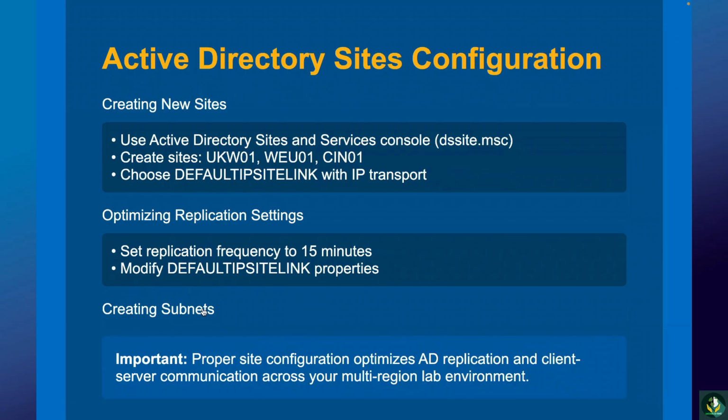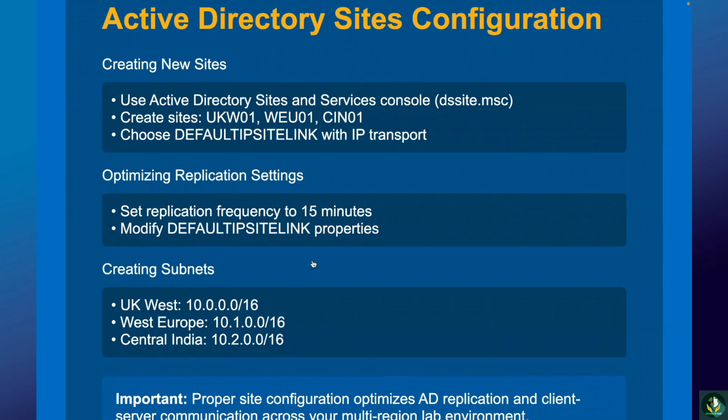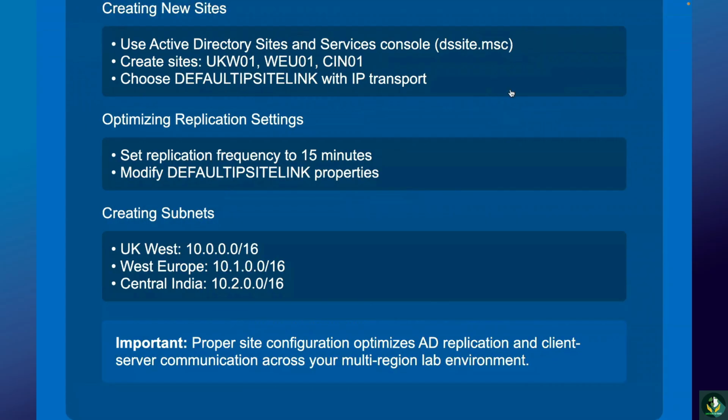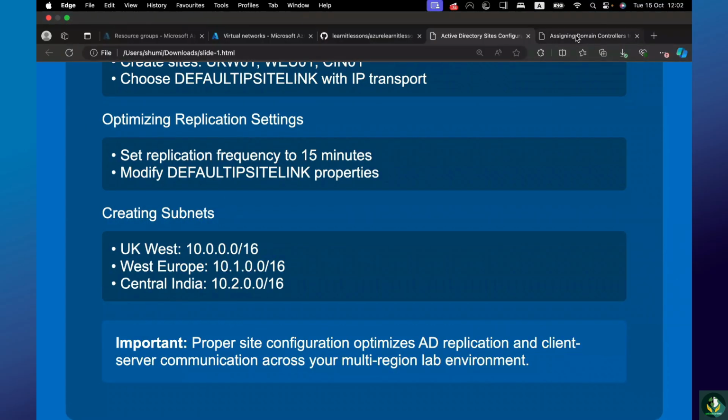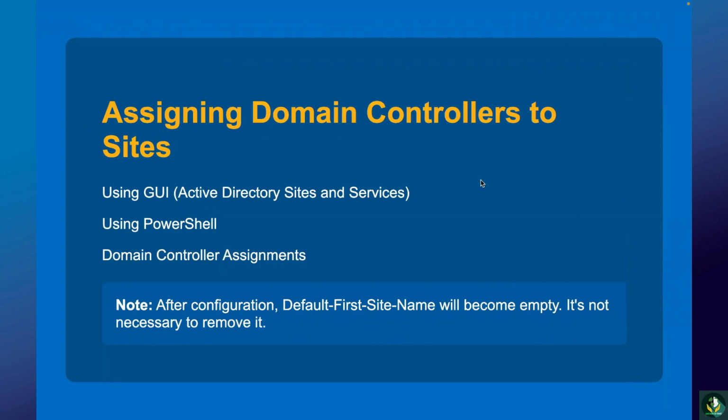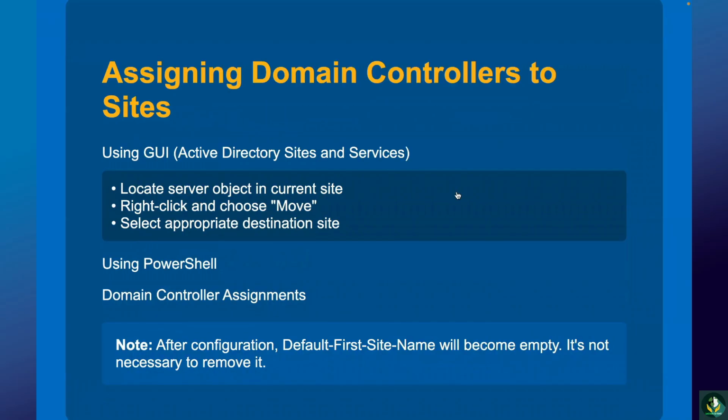Next up, we'll be creating subnets. We'll create UK West subnet, West Europe, and Central India. Now, we can assign domain controllers to sites, and we can do this by using the graphical user interface.